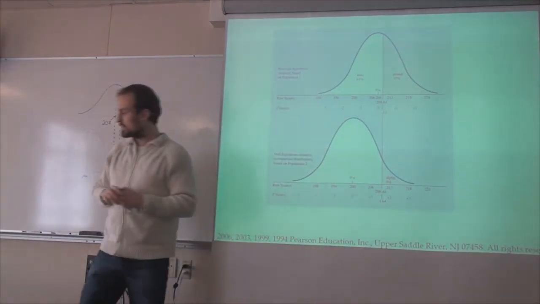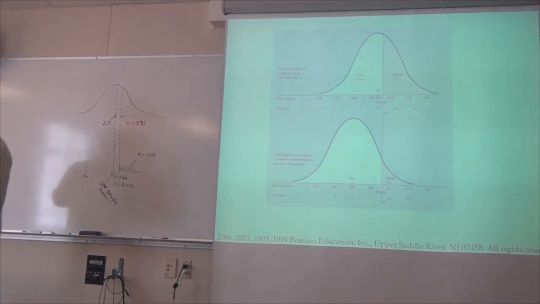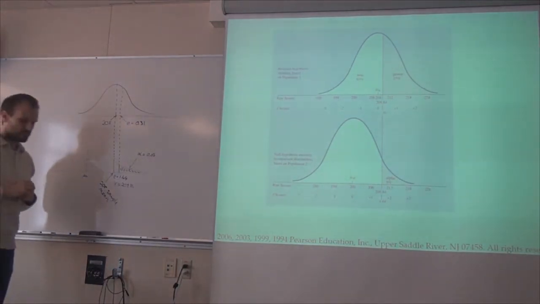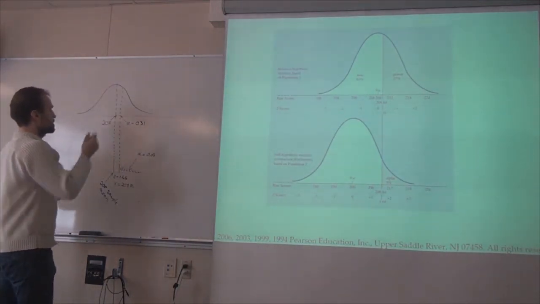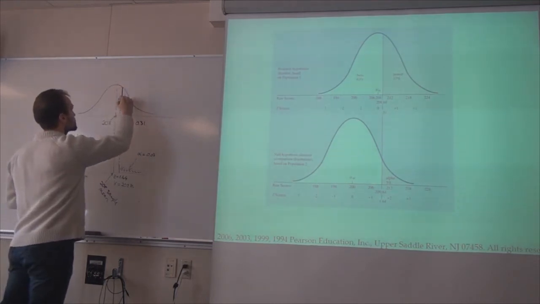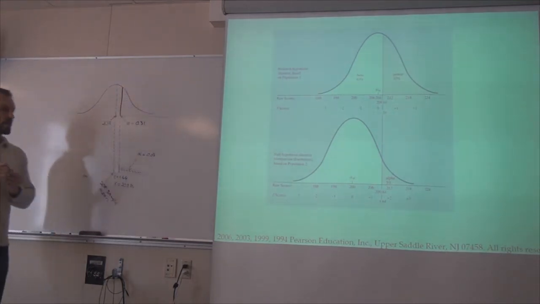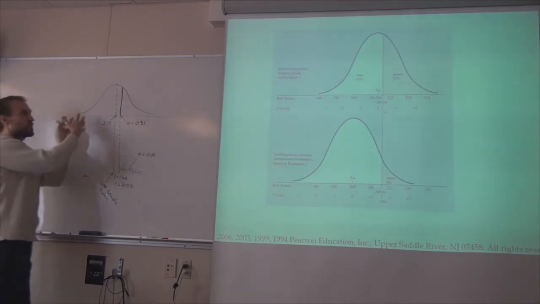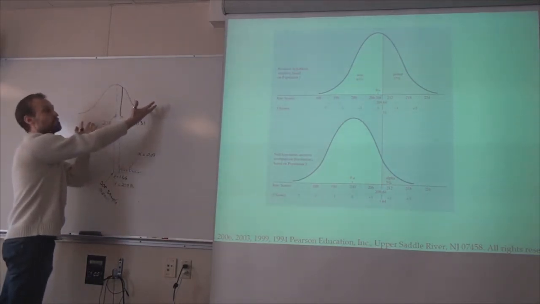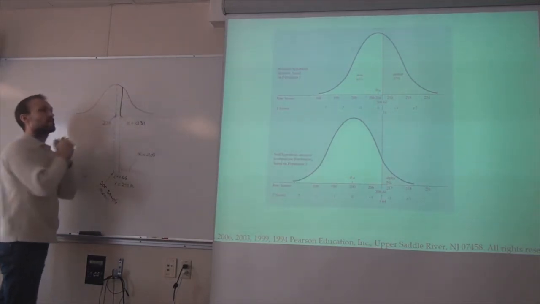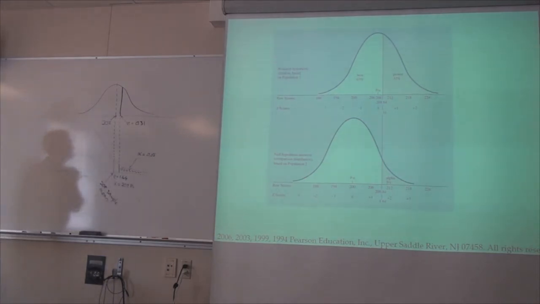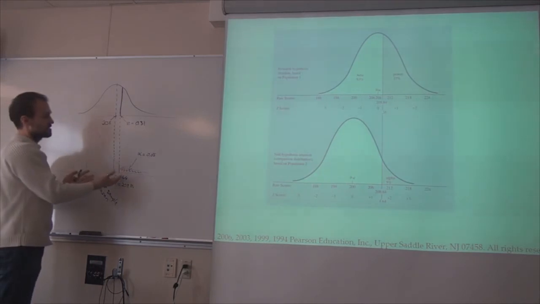So now, what is a type 2 error? The type 2 error, make this line solid, is when the research hypothesis is true and this shift is actually what happened, but I don't reject the null hypothesis. When do I reject the null hypothesis?